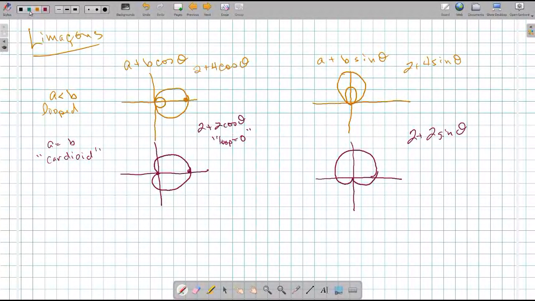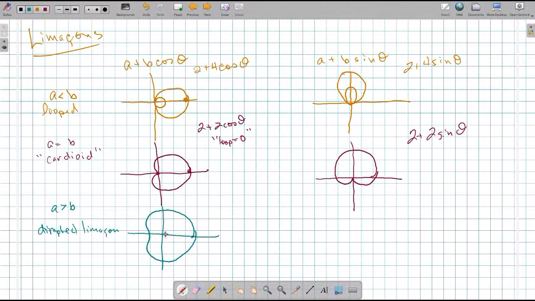For A is greater than B, we have what's called a dimpled cardioid. Dimpled limaçon, I mean. So in other words, my limaçon is still going to start at this axis, but it's going to come in and really just kind of make a small entrance here.